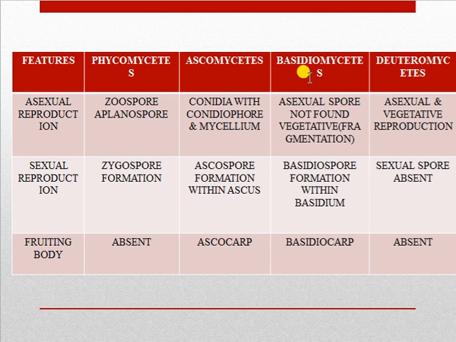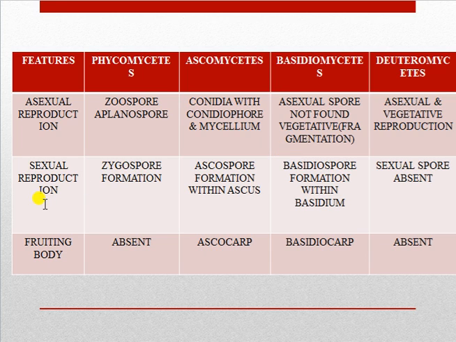In Basidiomycetes, asexual spores cannot be found. They reproduce vegetatively, by the process of fragmentation. In Deuteromycetes, both the asexual mode and the vegetative mode of reproduction can be found, and in the vegetative mode, obviously the budding process is found.